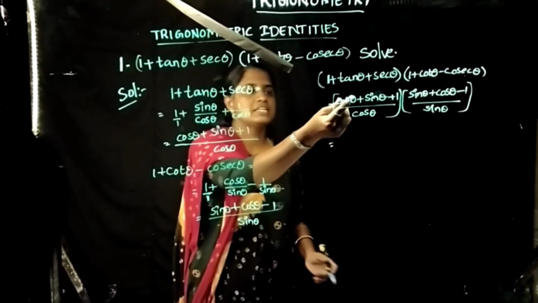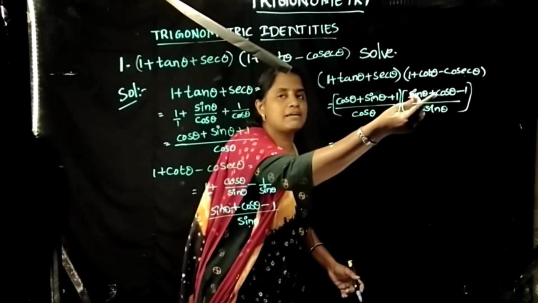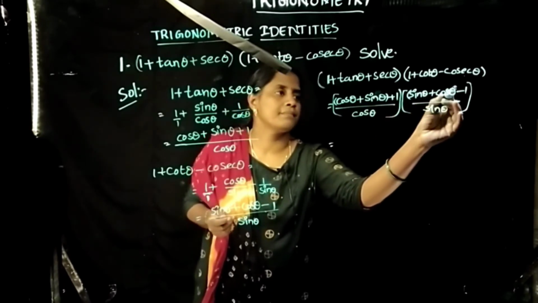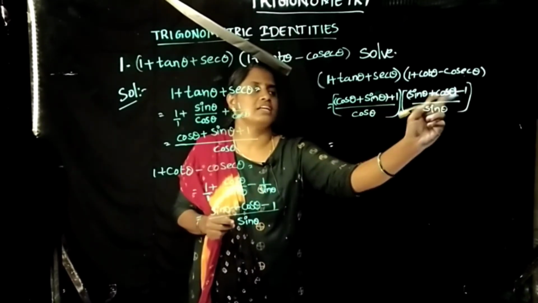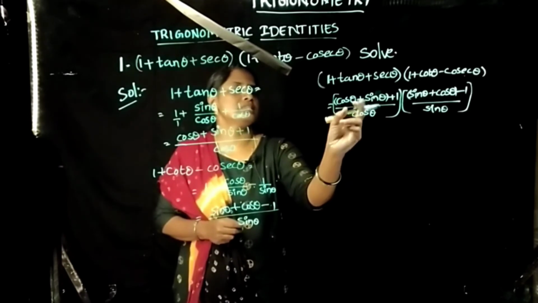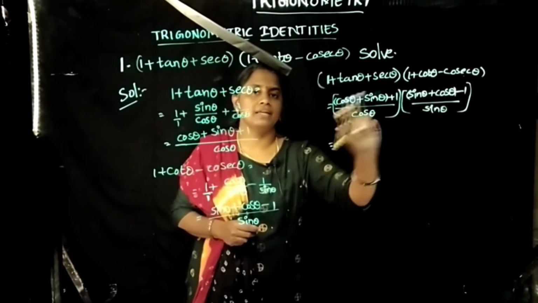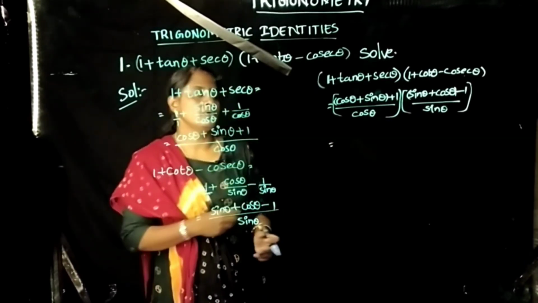Here cos theta plus sin theta and cos theta plus sin theta both are the same, so I take it as A. Here 1 I take as B. Now see, it is in the form of A plus B into A minus B.